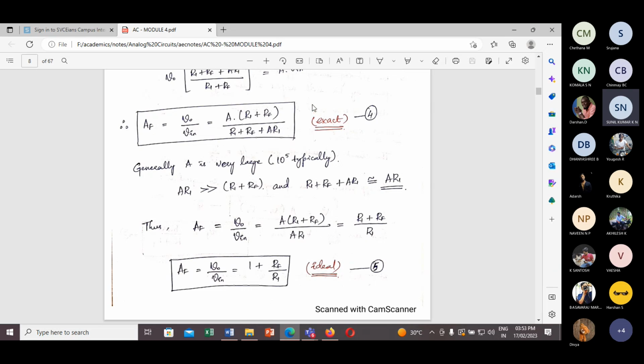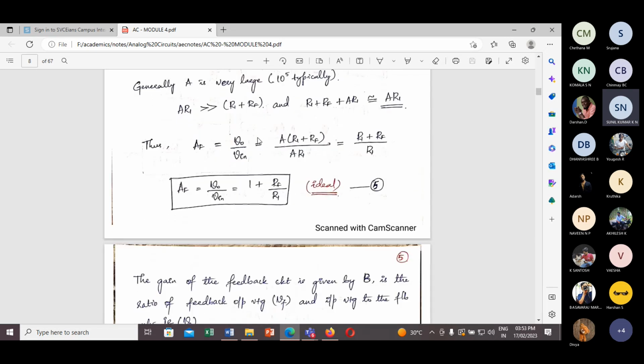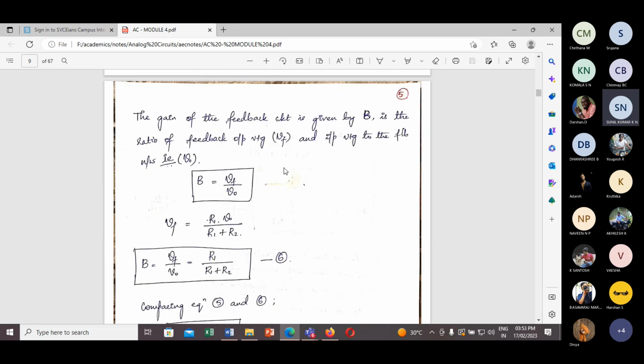If you want the exact analysis, this is the value of the expression you will get. Now consider the gain of the feedback circuit, given by B, as the ratio of the feedback output voltage to the input voltage of the feedback circuit. The output voltage of the feedback circuit is Vf, and the input of the feedback circuit is given from the output Vo.